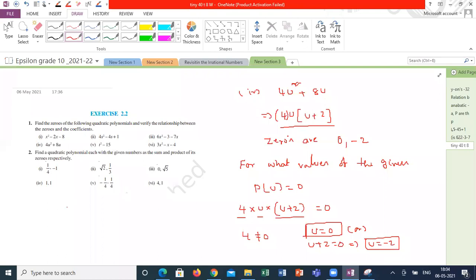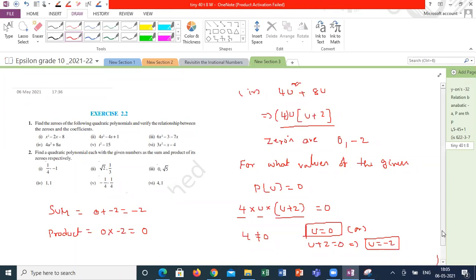Now, the sum of the zeros will be equal to 0 plus minus 2, that is minus 2. What is the product of the zeros? 0 into minus 2 is how much? 0. Correct? Yes, sir.